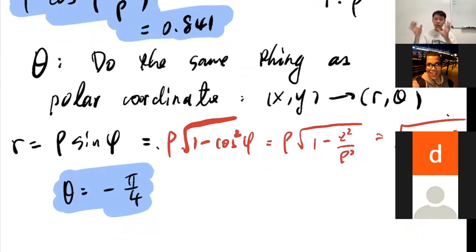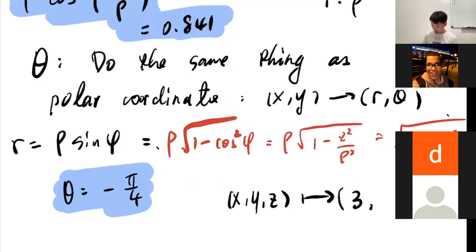That's one way to distinguish Cartesian and polar, or Cartesian and cylindrical, or Cartesian and spherical. So now your x, y, and z become rho, phi, and theta. So rho, phi, and theta.